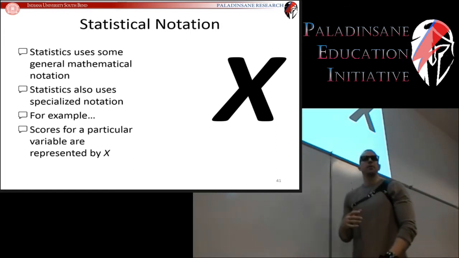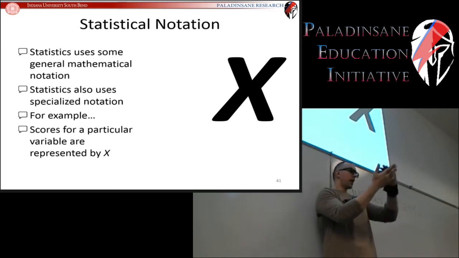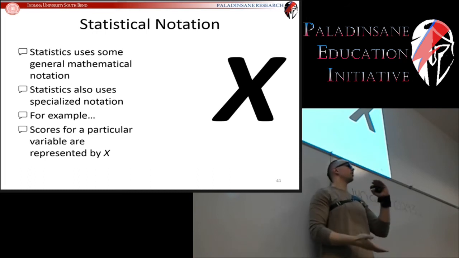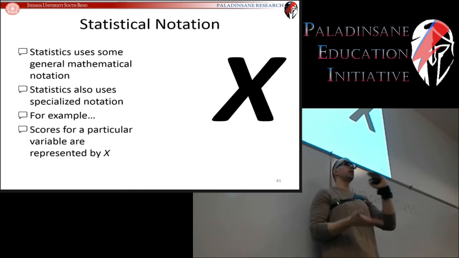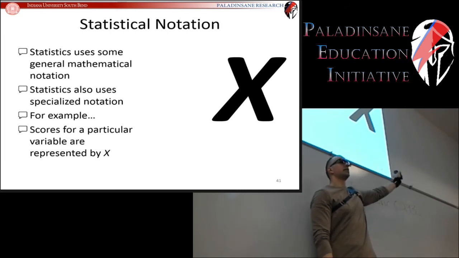So for example, if I measured everybody's height in this room, what do we have here today? We got 11. I would have 11 scores. I could represent all 11 of those scores with the capital X. And I could say X stands for heights, and in this case it stands for 11 heights.